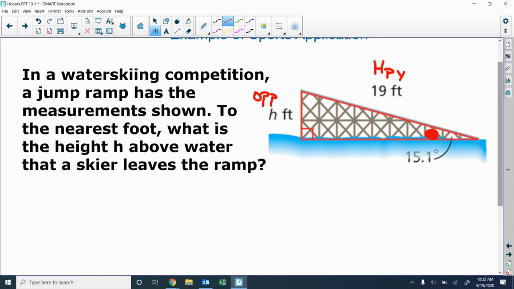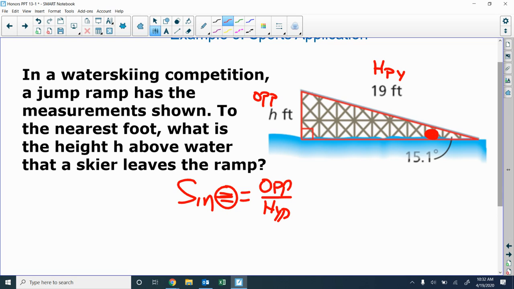So I have opposite over hypotenuse. And of course, that is what trig value? Opposite over hypotenuse, of course, is our sine. Sine of the theta is equal to my opposite over my hypotenuse.